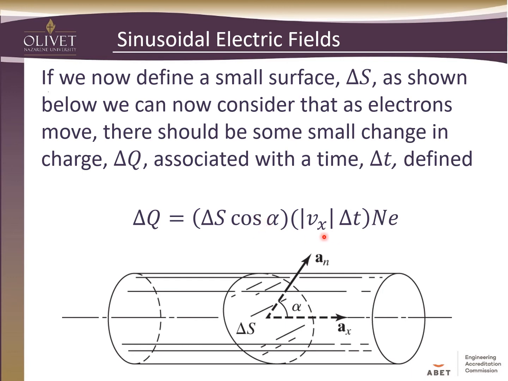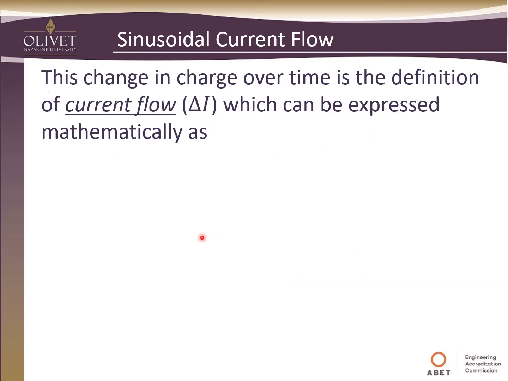And then it's times this velocity and change of time, and this is the number of electrons times the charge. So this change in charge over time is the definition of current flow. Again, maybe you've been exposed to this already in physics, but this is a good refresher.